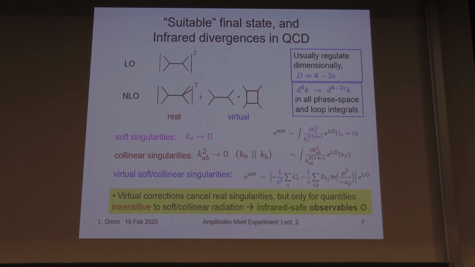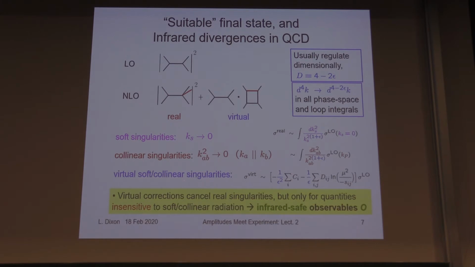However, this behavior will tend to factorize in terms of some lower order cross-section that you reduce back to when you remove this momentum. And there's a similar divergence in collinear limits when these two are parallel to each other.